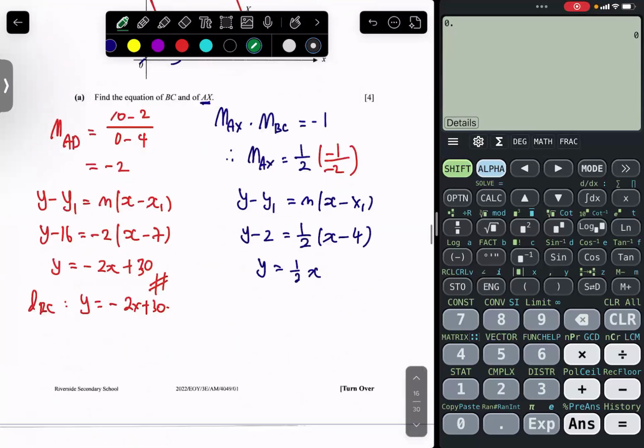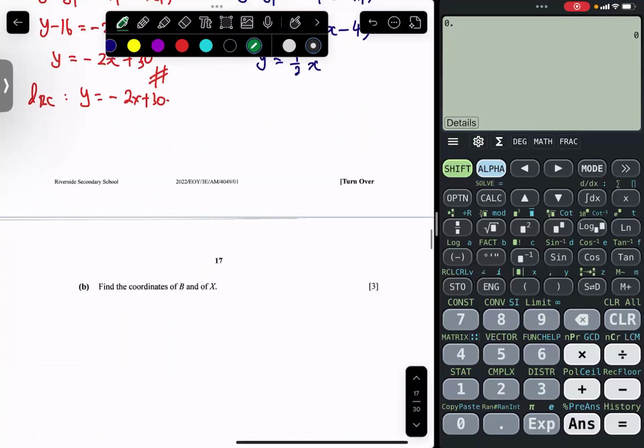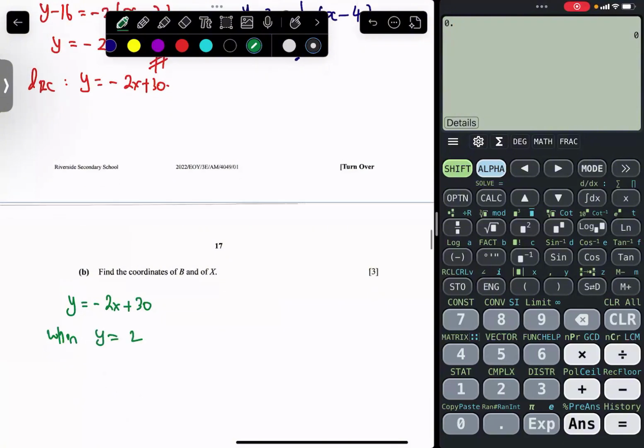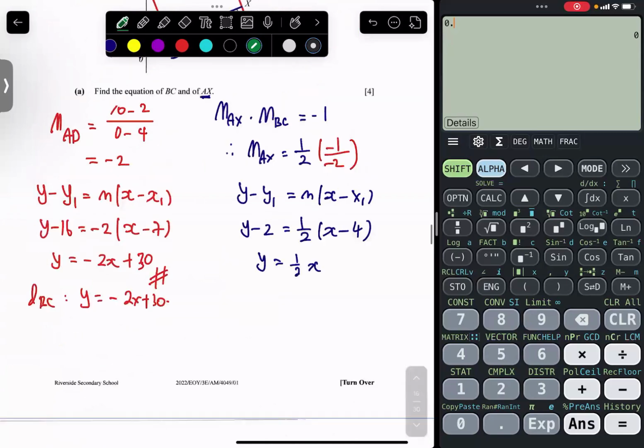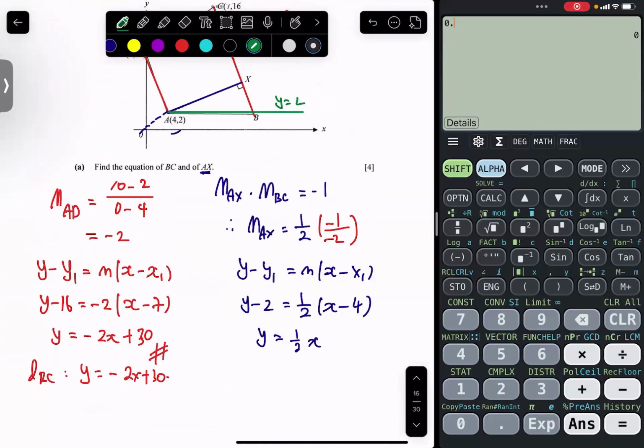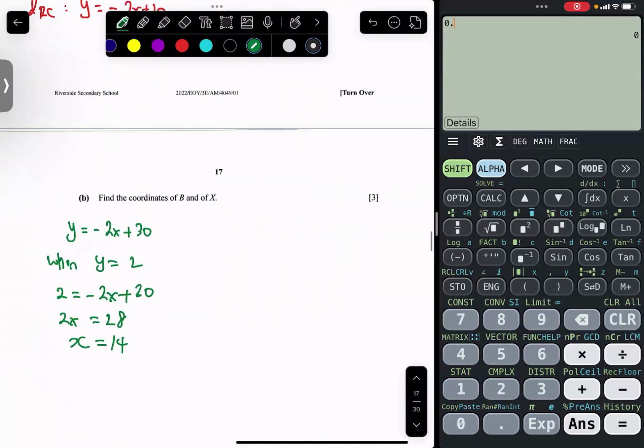For line BC, y equals negative 2x plus 30. When y equals 2, 2 equals negative 2x plus 30, 2x equals 28, x equals 14. So B will be (14, 2).